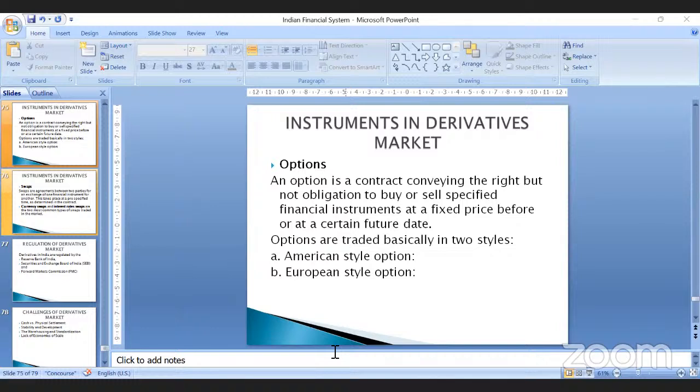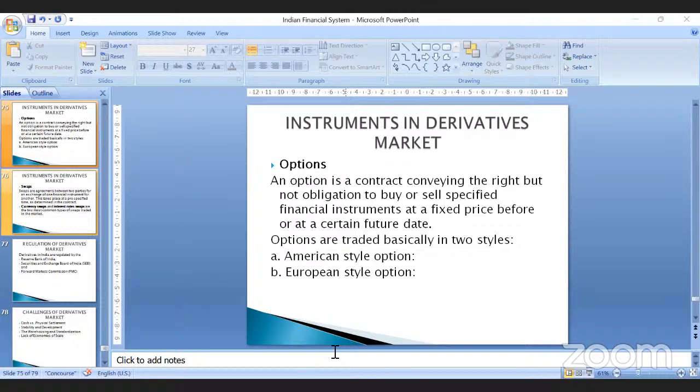I want to buy a debenture for 10,000 rupees before 31st December. I have a right to buy that debenture before 31st December at 10,000 rupees, which is specified earlier. I only have a right. There is no obligation. So in an option, you are given an option to buy.